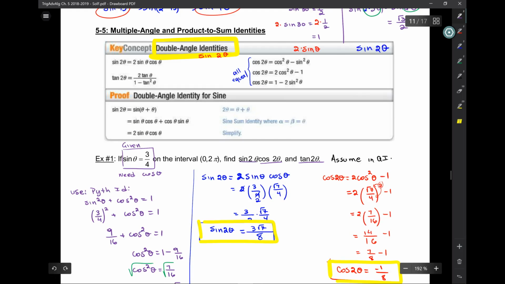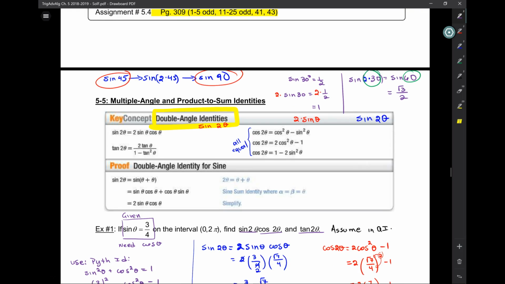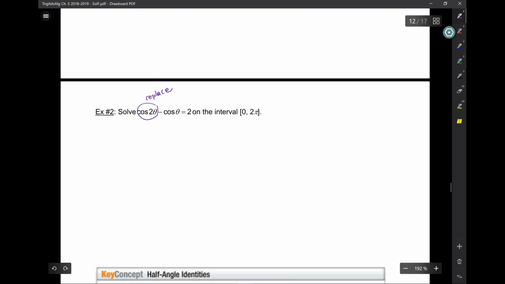So now go back to your identities. Is there one where we can replace cosine of 2 theta with something else? Well, I have 3 varieties here, right? So now you have to choose which one of these is best suited for our needs. Well, this one has a sine in there, and I don't want a sine because the rest of my equation is cosine, right?